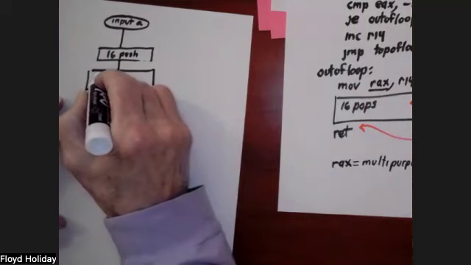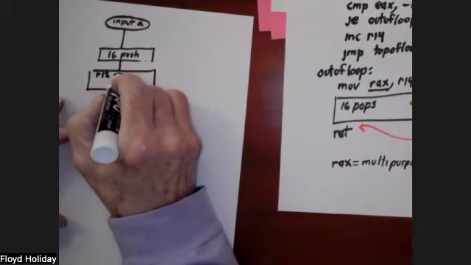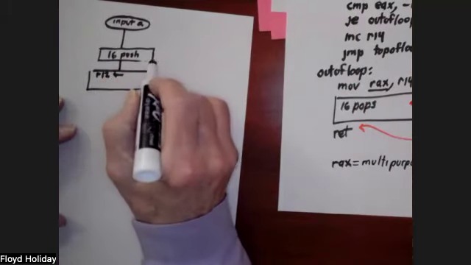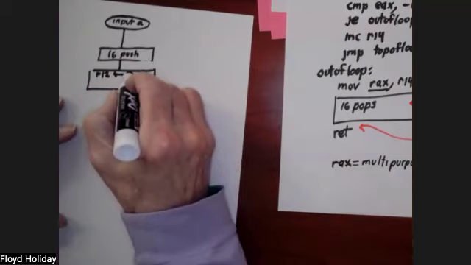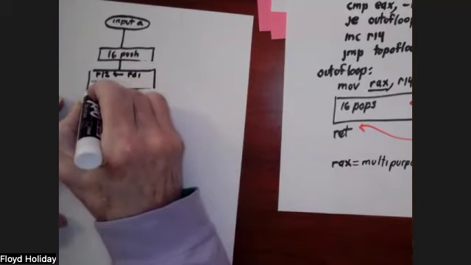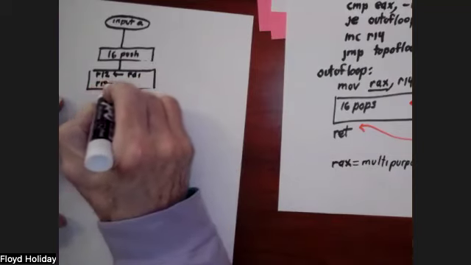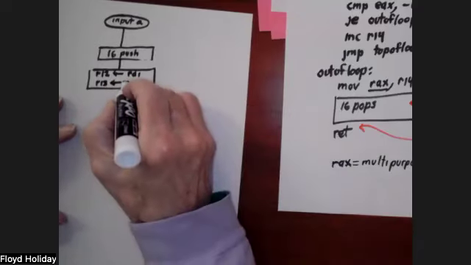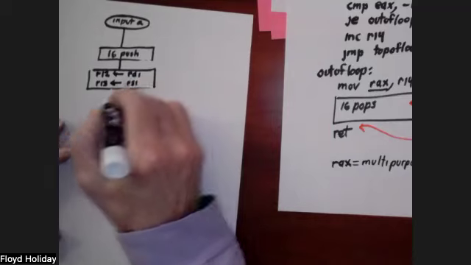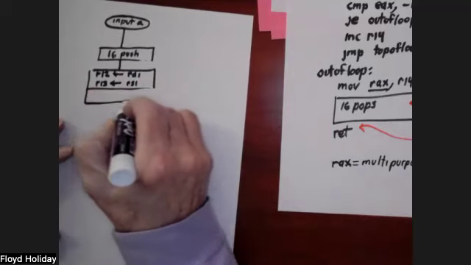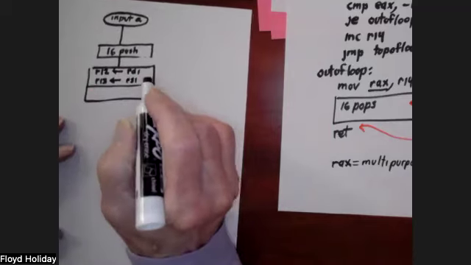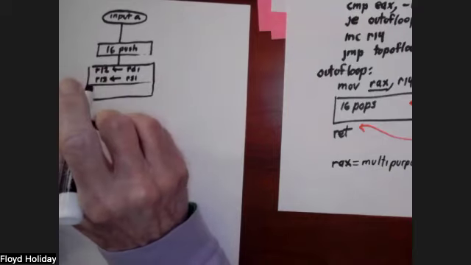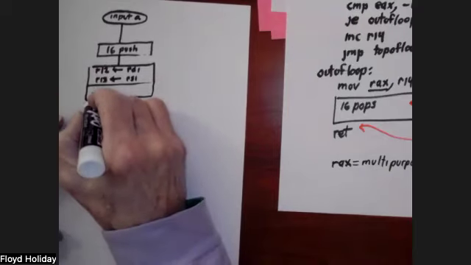R12 gets RDI, R13 gets RSI, and R14 gets zeroed out.